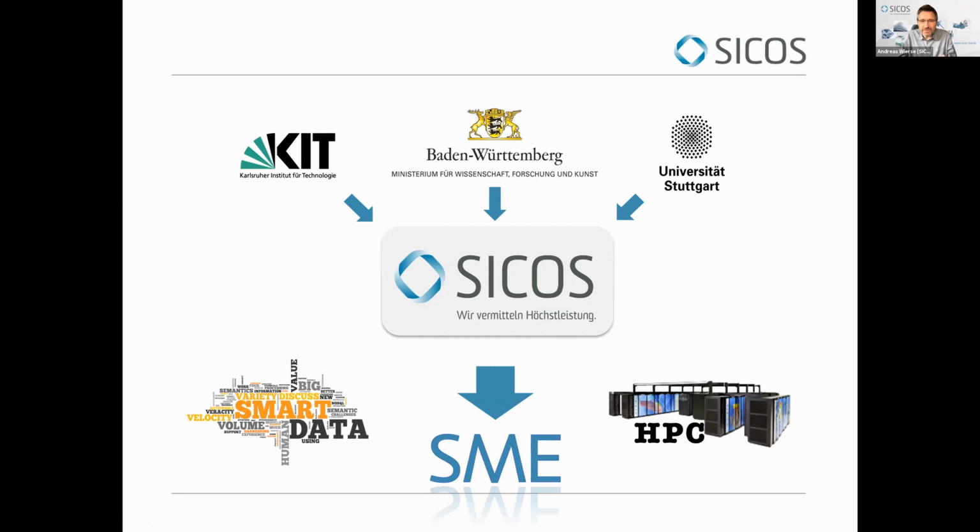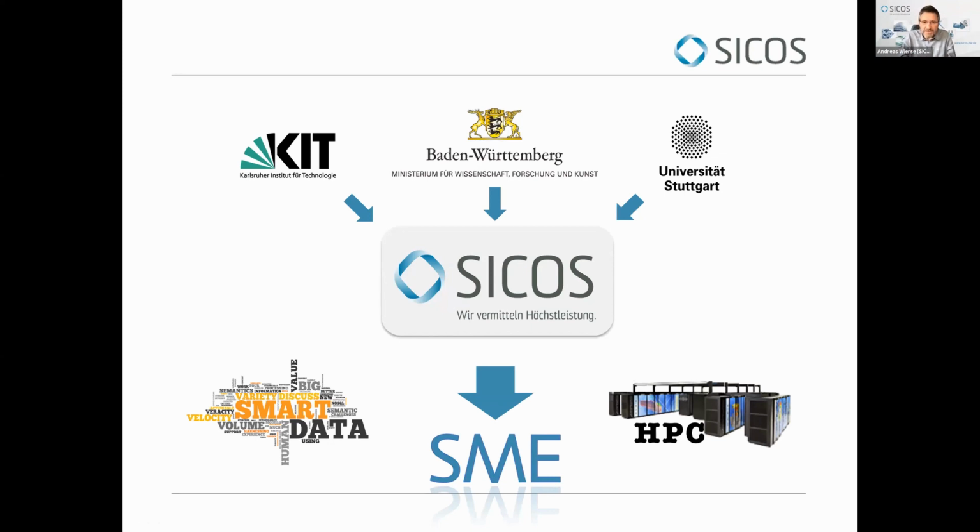Just a few words about the background so that you can see where I'm coming from and where I'm headed. So SICOS is a company that's owned by two universities, the University of Stuttgart and the Karlsruhe Institute of Technology. We are also funded by our science ministry in the state of Baden-Württemberg. And our task is to support small and medium-sized enterprises in picking up these new technologies, of course, latest high technology.